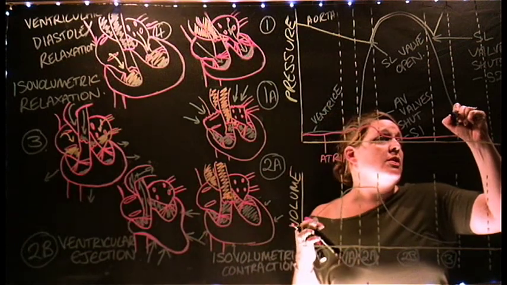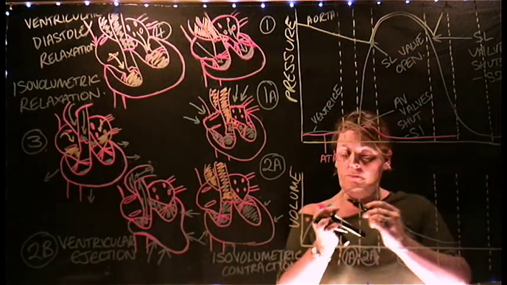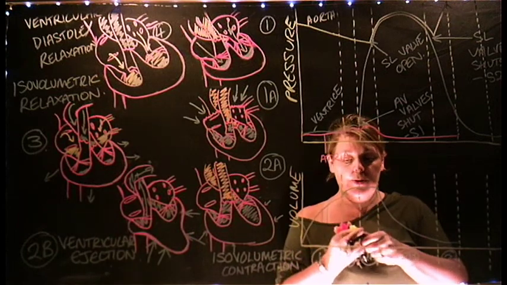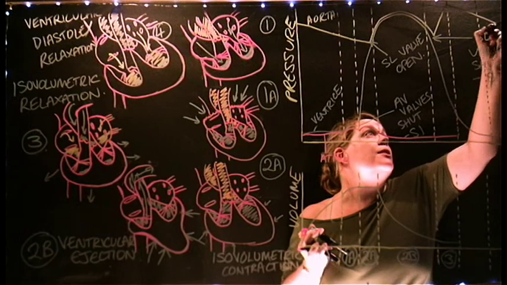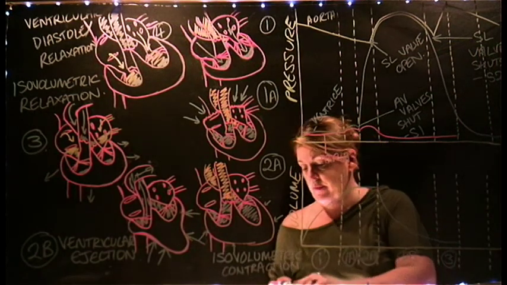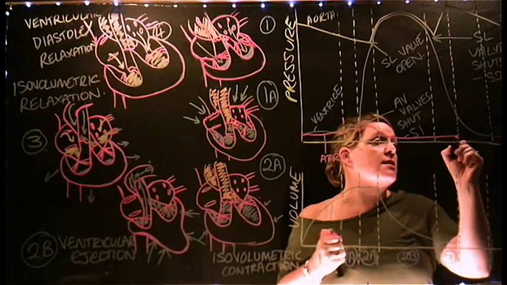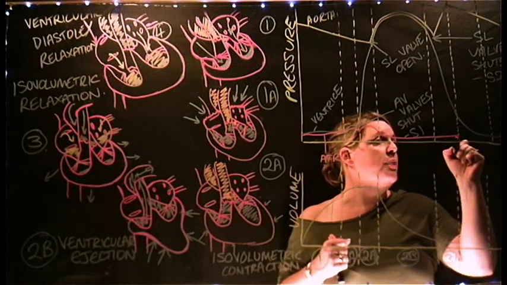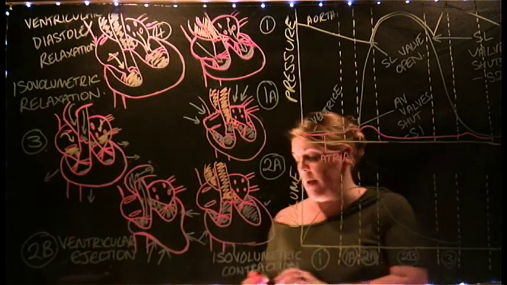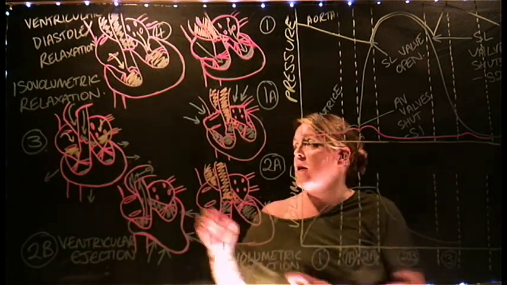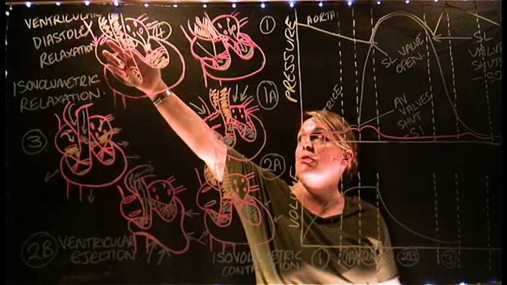So the pressure continues to drop in the ventricles. Our pressure in the aorta is dropping. We see a slight bump in pressure in the atria, but not very much, and that bump in pressure is from the blood suddenly being allowed to be released.